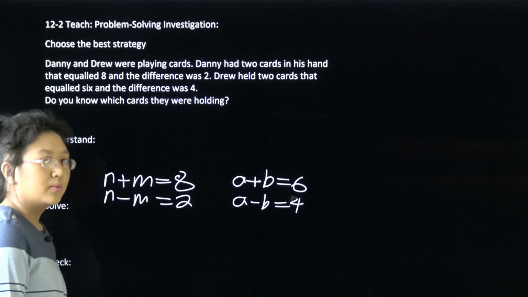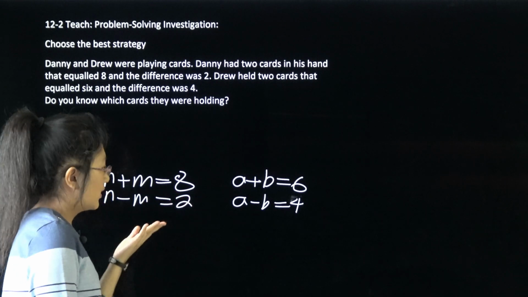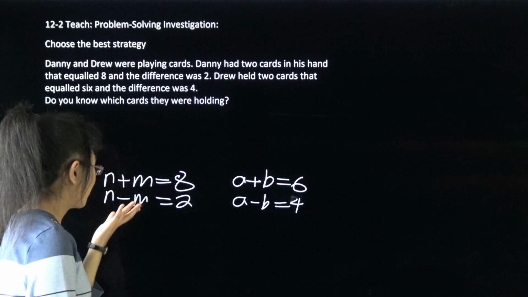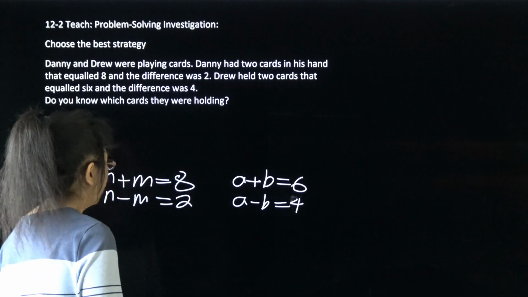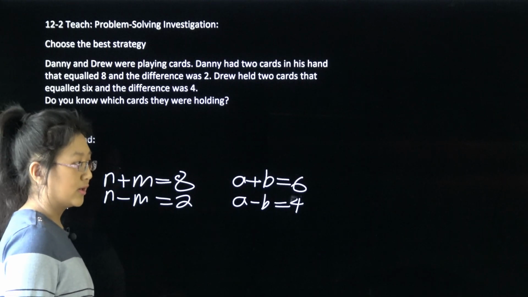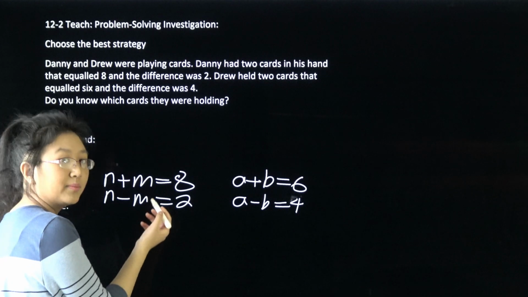So which one should we start with? The subtraction or the addition? Well, we know that 1,000,002 minus 1,000,000 is also 2. So subtraction is not a good idea to start with. We should start with addition. And since we know what we are going to do, let's solve the question. What combinations add up to 8?